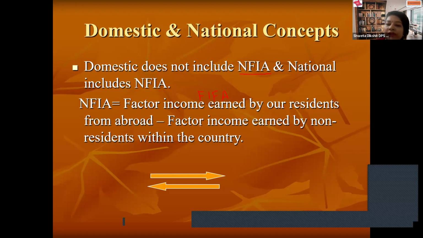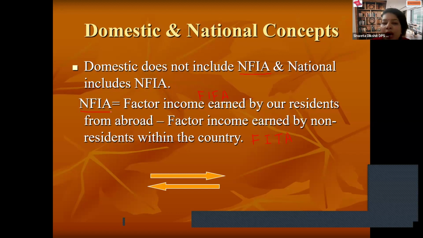Whereas the factor income earned by the non-residents within the country is factor income to abroad, FITA. So when you use FIFA minus FITA, you get the value of NFIA.